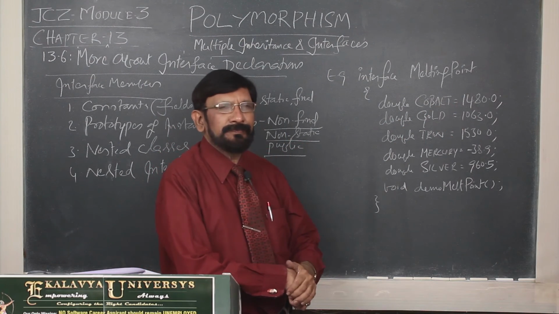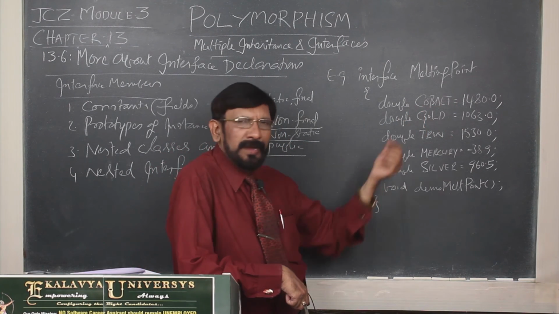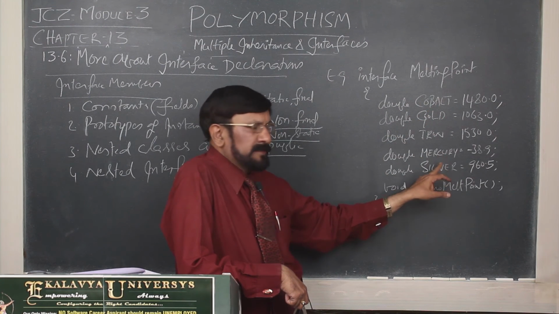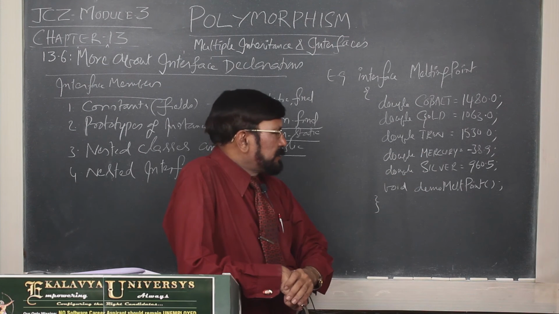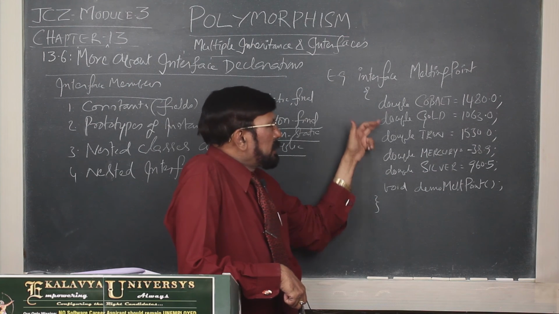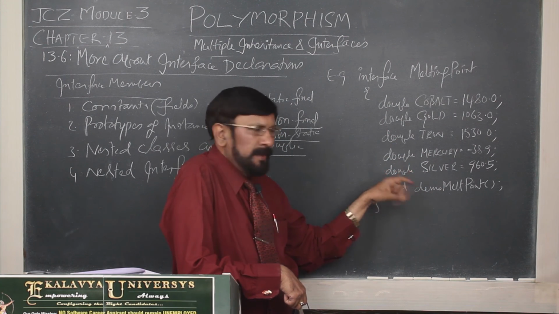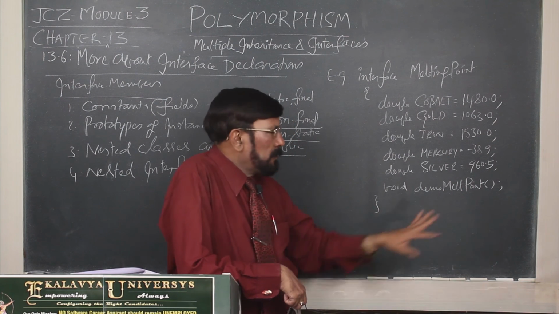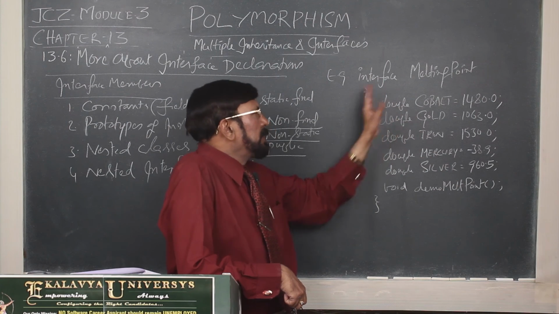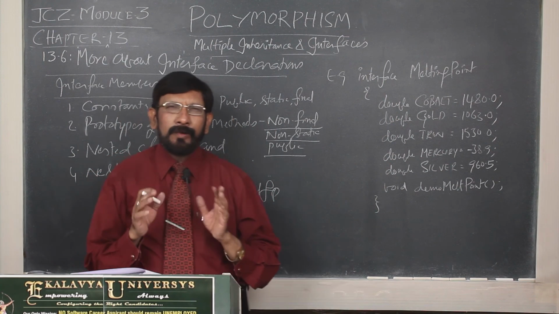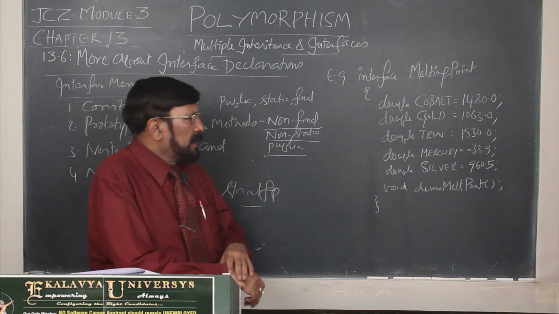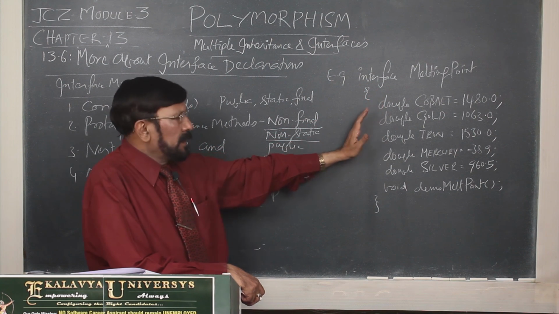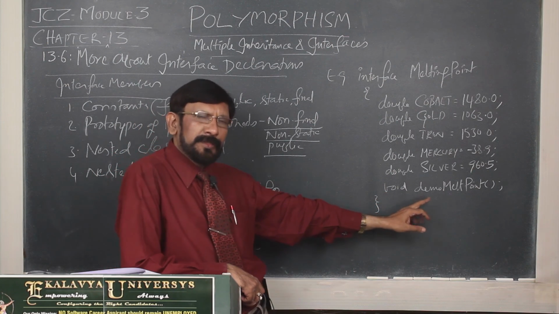And as a naming convention, all finals should be written in capital letters, that you have to understand. So, in this manner, here 5 constants we have defined, and thereafter a void demo melting point, one prototype we have declared. By this you can understand how the interface declaration and the way of declaring constants and method prototype is done.